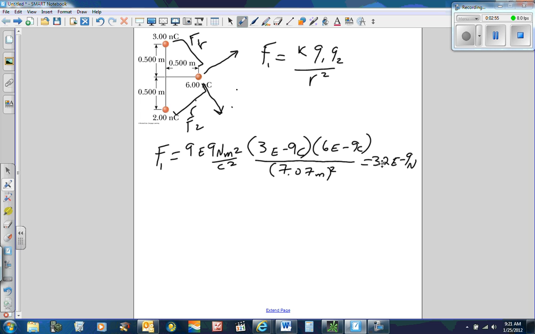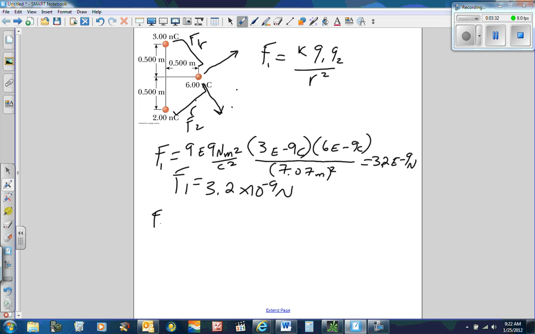In other words, 3.2 times 10 to the negative ninth newtons. It seems kind of small to me. Let me redo that and put some parentheses. Nope, that was right. So F1 is going to equal 3.2 times 10 to the negative ninth newtons, all right?